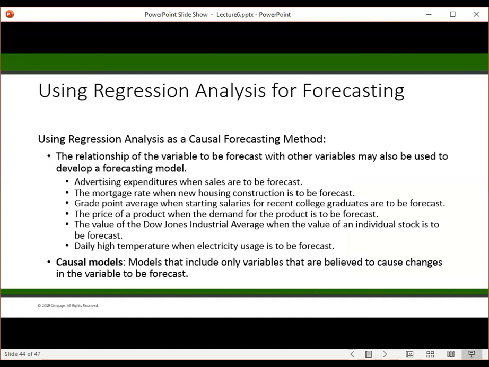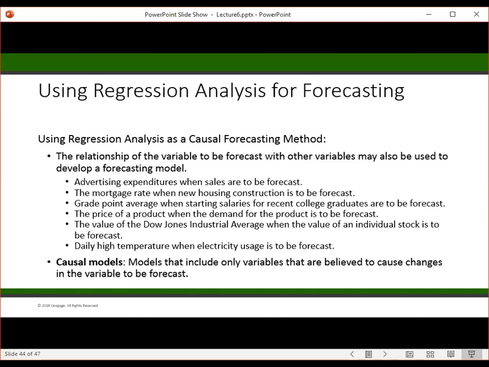So we can look at regression as perhaps a causal forecasting tool. The relationship of the variable to be forecast with other variables is going to be used to develop a forecasting model. And this model provides evidence only of an association between an independent variable and the variable to be forecast.